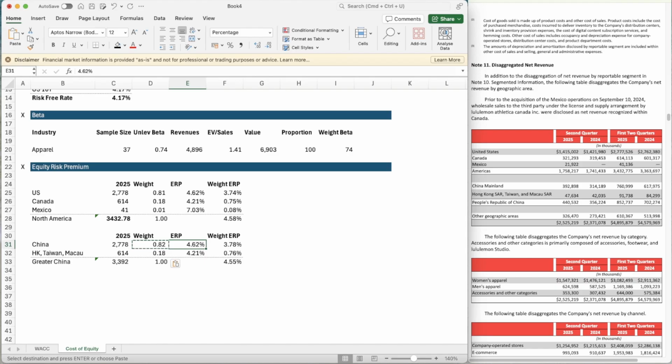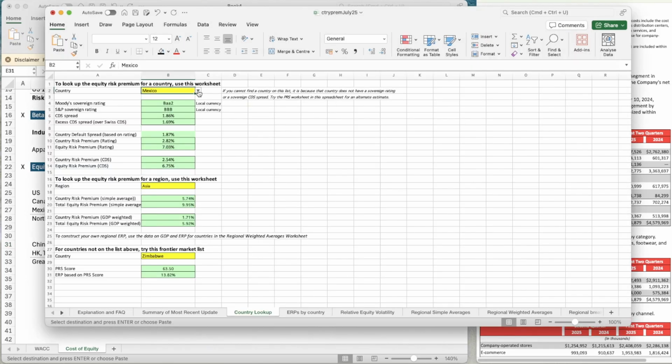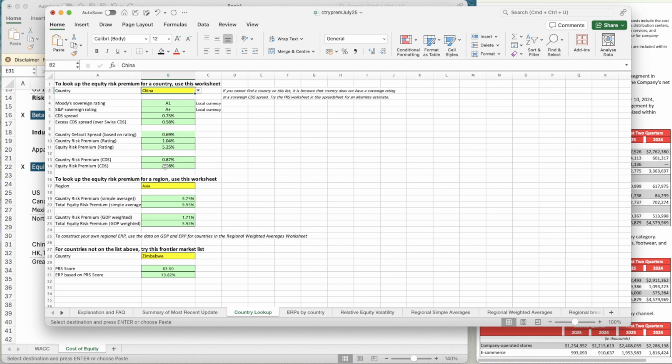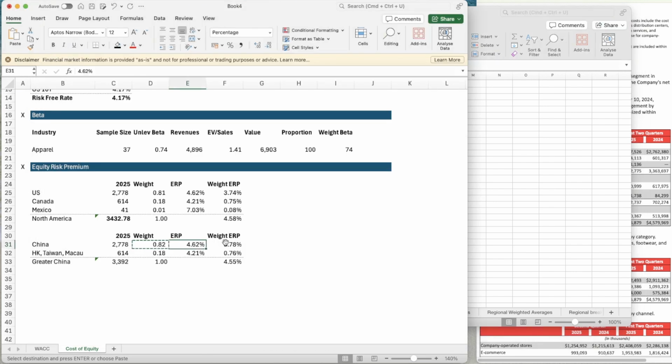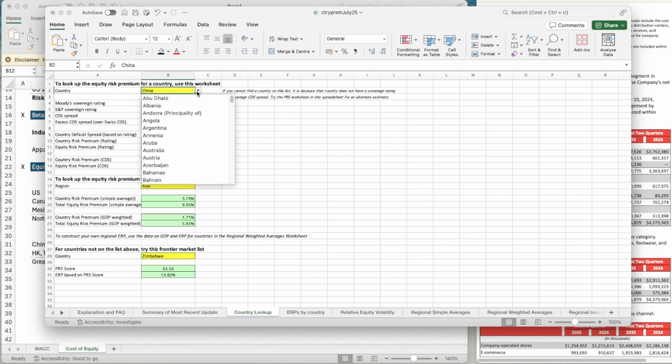That's where it is. 5.25%. Then, okay, now let's have a look at Hong Kong.